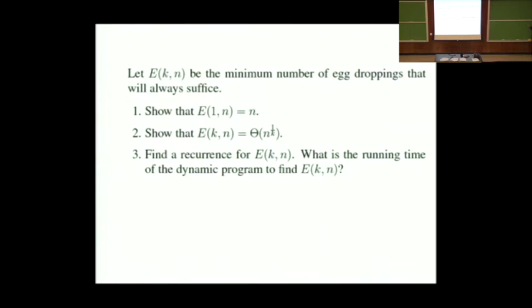If I tossed it off and it broke, where was the transition point? Is it going to be over here or over here? This one here. So now I have one less egg. How many floors do I have to search? Just F.